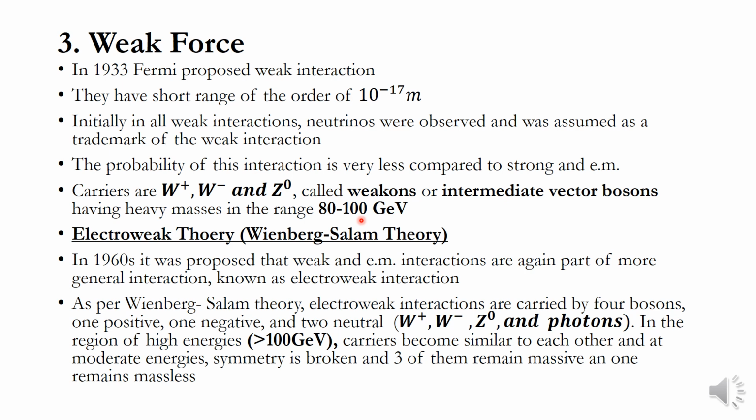Compared to that, these weak-ons have masses about a hundred times those of the protons and neutrons. So they are much heavier particles. That is why they have the shortest range, of 10 to the minus 17 meter. Since the carrier is so much larger, it cannot move so easily.